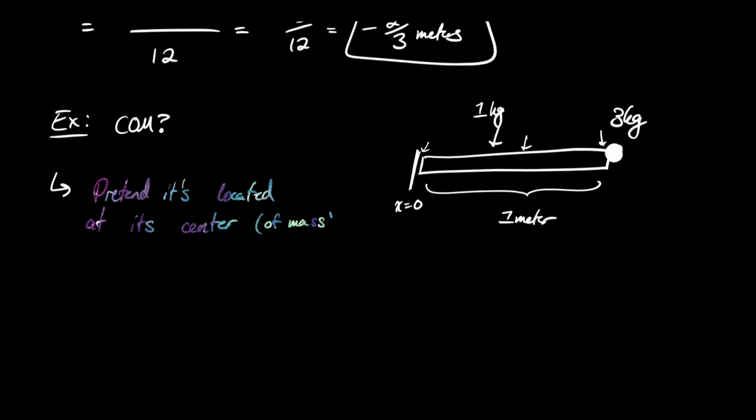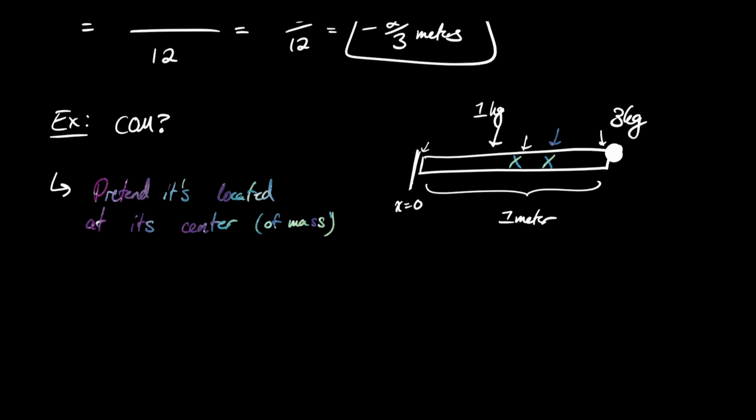However, usually in these problems you're told the object is a uniform density. It's not heavier on one end versus the other. So the center of mass will be located in the geometrical center of the object. However, if they tell you, oh, this meter stick is wacky, its center of mass is actually here, then that's okay. You just pretend it's a 1 kilogram mass placed at wherever you're told it is.